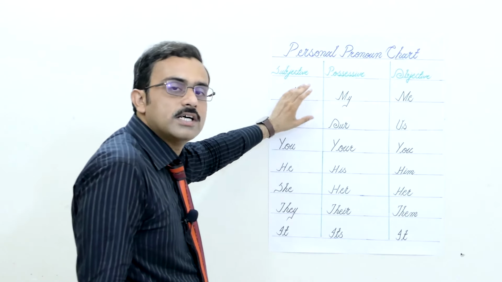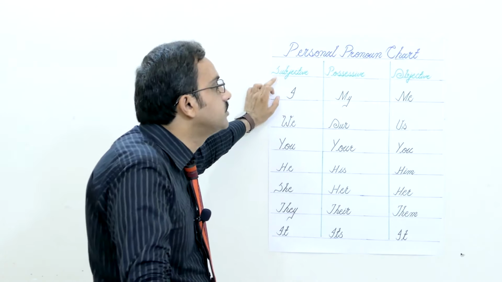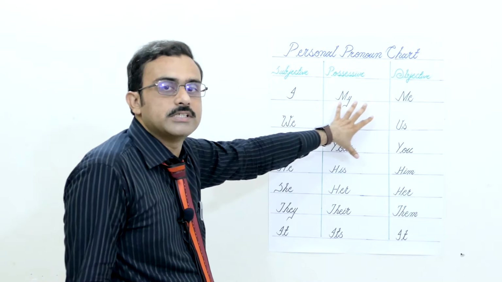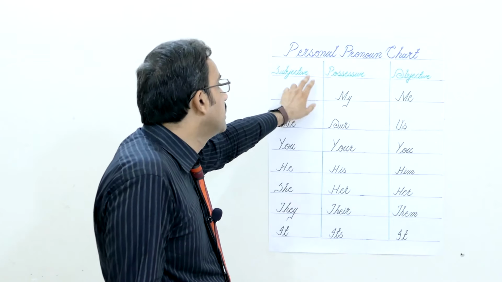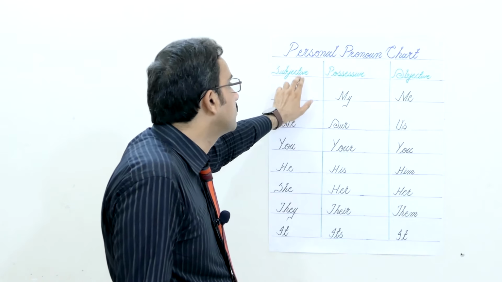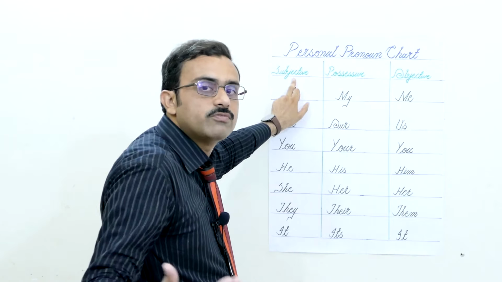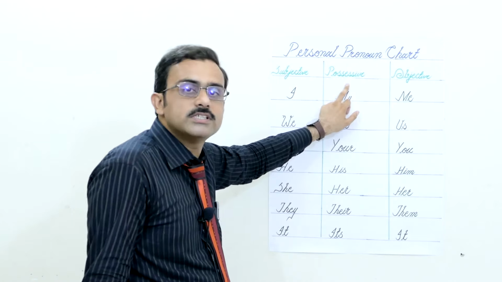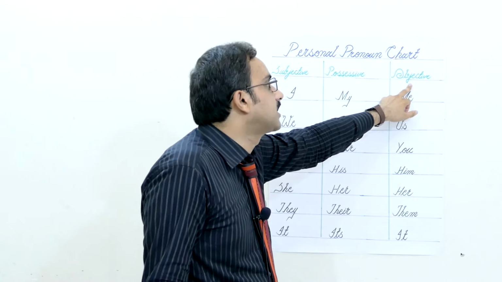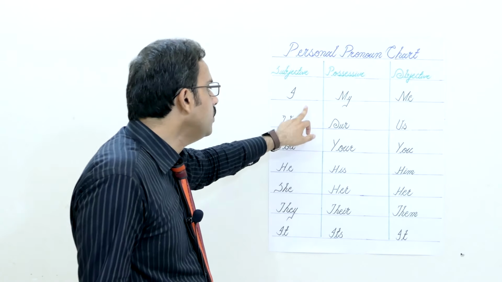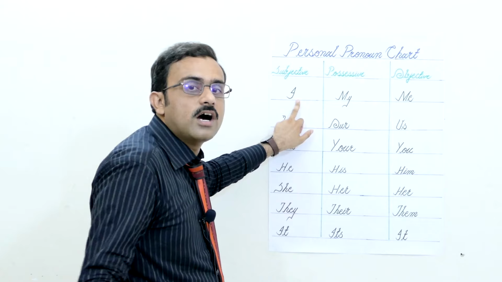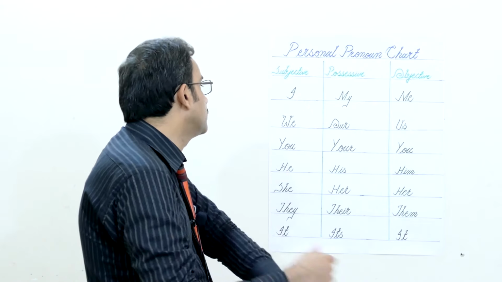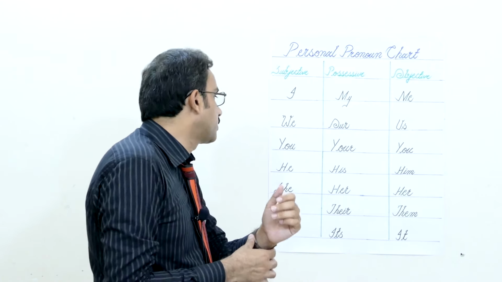Okay, I have categorized this personal pronoun chart into three segments, three cases. The first case is subjective case, the second is possessive case, and the third one is objective case. So we have I, which is definitely the first person pronoun.